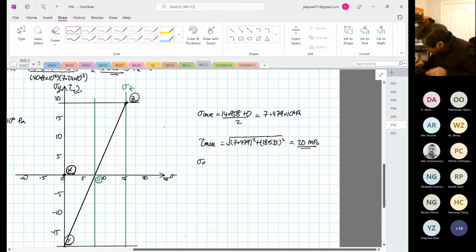So your stress A and stress B is equal to 7.479 plus or minus 20. Okay, so it's 27.479 and 7.479 minus 20, minus 12.521 megapascal. All these are megapascal.